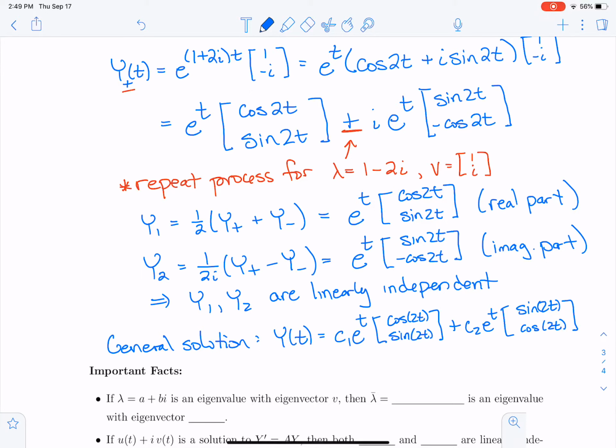And so now I have a linear combination of two linearly independent solutions, and they're both real. And so I've come up with a real solution to this problem.